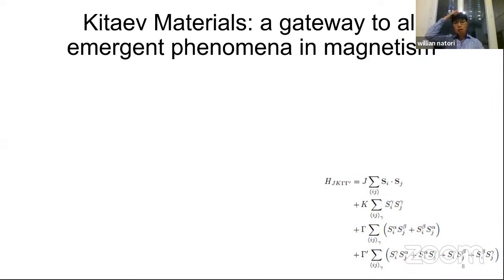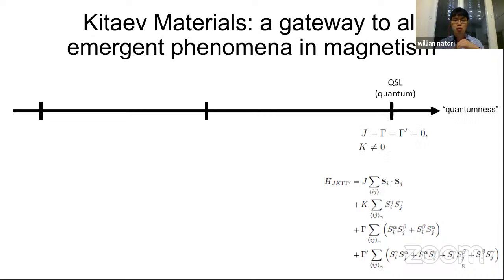So one of the things that are interesting about Kitaev materials is that they can be a gateway to all emergent phenomena in magnetism. So again, on the axis of quantumness, of course, it will host a quantum spin liquid. Something that's less discussed because people think it's less interesting is that it also hosts a Heisenberg ferromagnet.